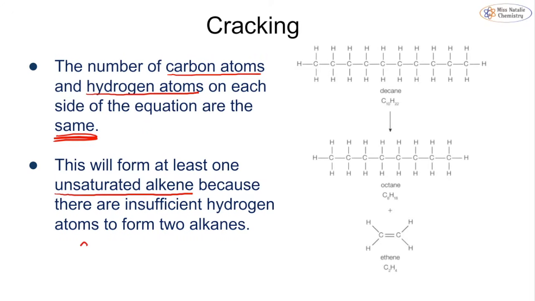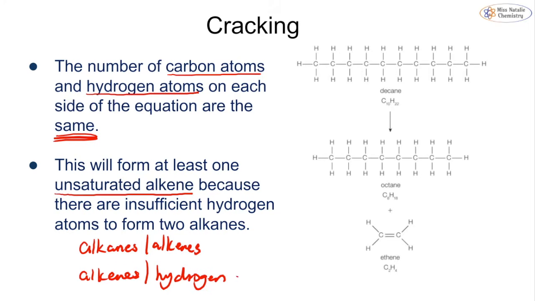So we will either make alkanes and alkenes, or we will make all alkenes and hydrogen. This one isn't as common, but you just need to be aware that it can happen. But the majority of the time, we will make a mixture of alkanes and alkenes.